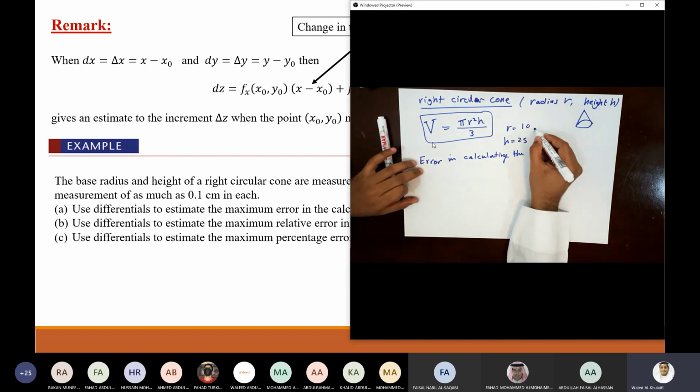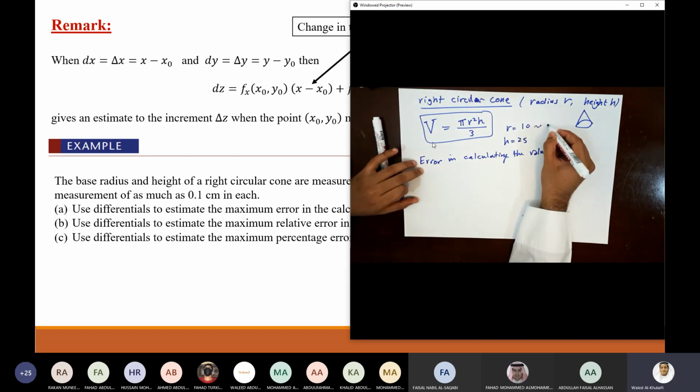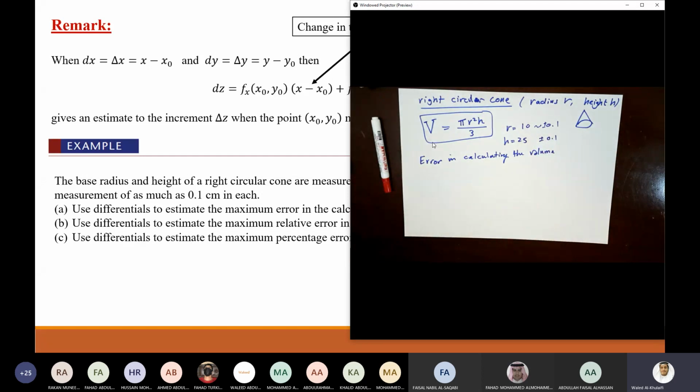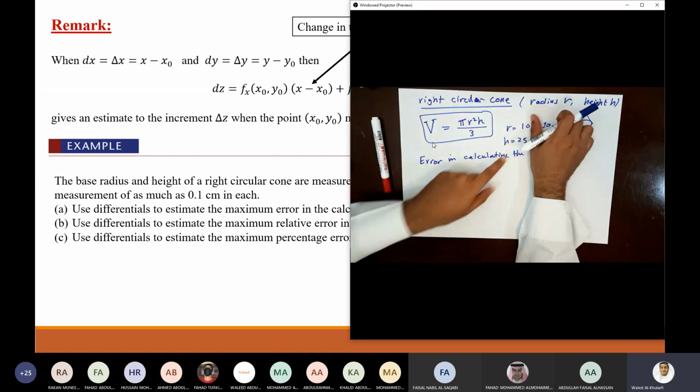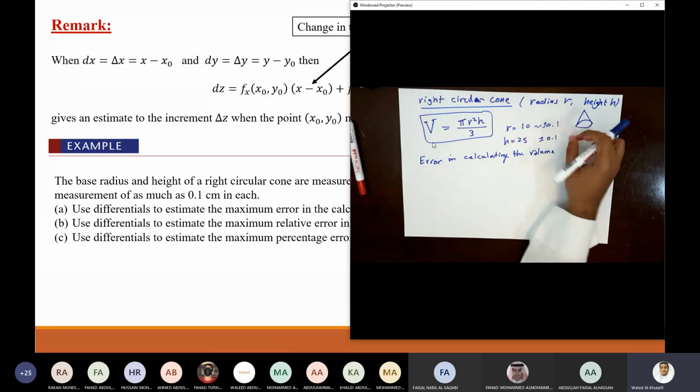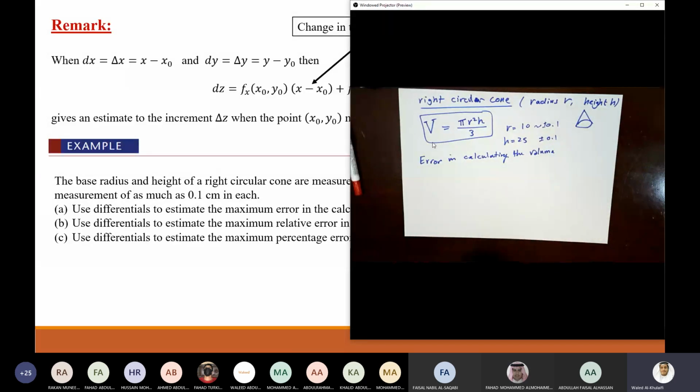And he said there is plus and minus 0.1. That is, when he measured this cone, the radius, he found 10 centimeter, but there is maybe a plus and minus 0.1, and the same thing for this one here. And then when you calculate the volume, it will not be exactly the volume when you consider this, right? It will be plus or minus something.